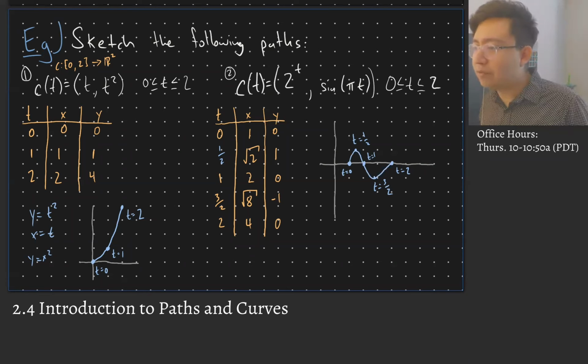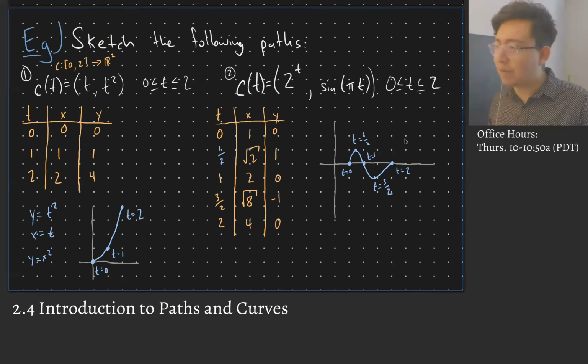And you can imagine what would happen if we went up to t equals 4. This would start stretching out, because these intersections with the x-axis would be happening further and further apart.